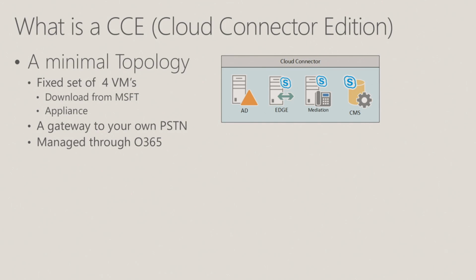You set it up, and you manage it through Office 365. It's independent of your existing on-premises domain infrastructure. It has no knowledge of the schema and all the other domain controllers you have running, just so that you know.